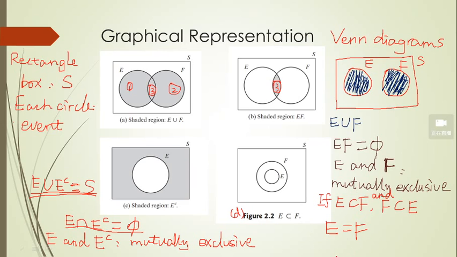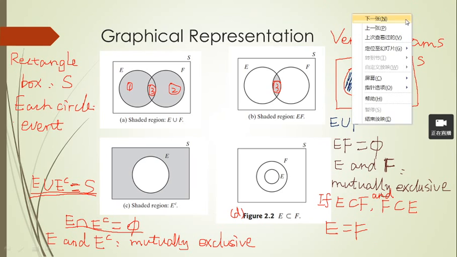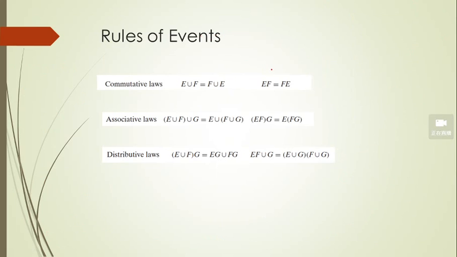They consist of exactly the same outcomes, right? If we have those two special relations, then those two events will be exactly the same. So be careful here. The E and F we are talking about are events. So that's the graphical representation, and let's check more of the rules of events.